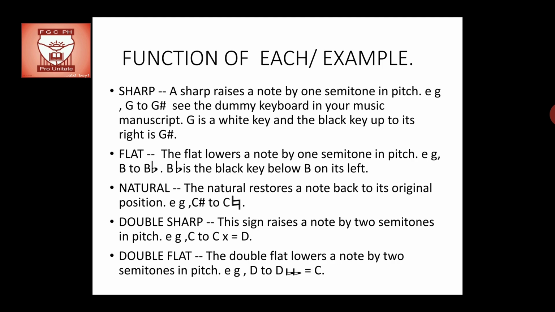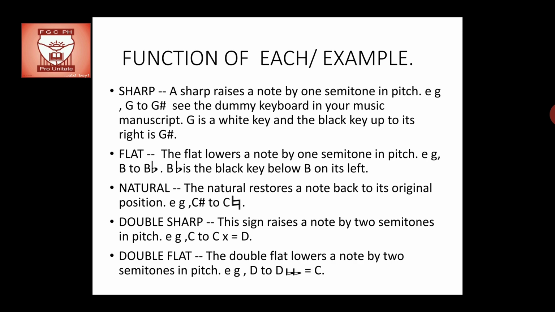Then natural sign will help you to move back from that black key above letter C back to C natural. So in that case, you would have restored C sharp, the black key, back to the white key. This is primarily the function of natural sign. It has the ability to restore a note from either a raised or a lowered position back to its original position.